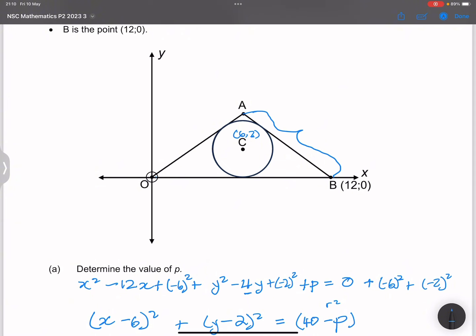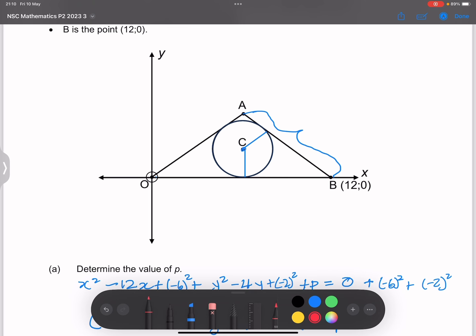However, what I can do is, let's find, okay, so if I draw those radii like that, would you agree if I constructed a line CB, at least we know the point there is 6 and 2, that's our center of the circle, right?